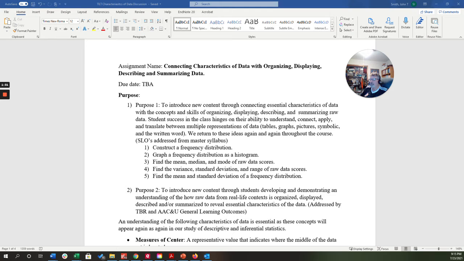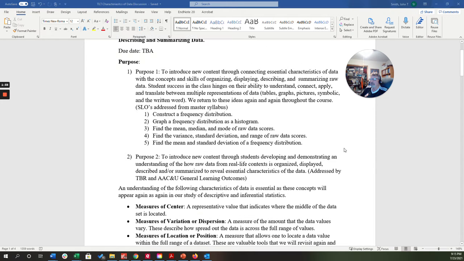And the purpose number 2 is to introduce new content through students developing and demonstrating an understanding of how raw data from real-life contexts is organized, displayed, described, and or summarized to reveal essential characteristics of the data. And these are things that I've gotten from both the TBR and the American Association of Colleges and Universities under General Learning Outcomes.